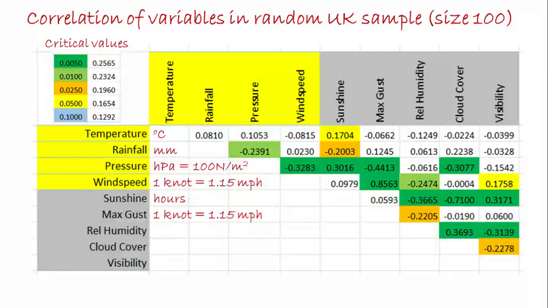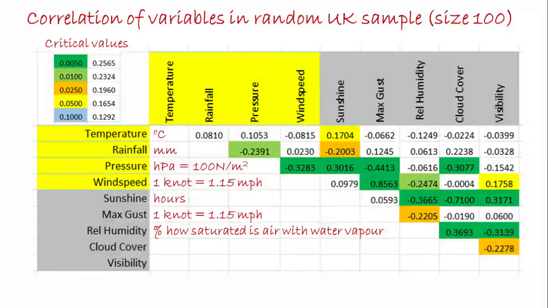The maximum gust, measured in knots, negatively correlated with relative humidity. Relative humidity is the percentage of how saturated air is with water vapour. If it's 95% plus, then that tends to relate to mist or fog.